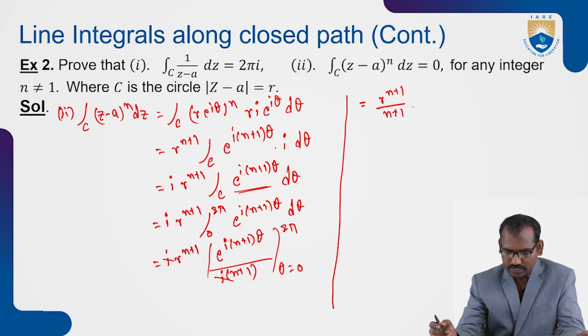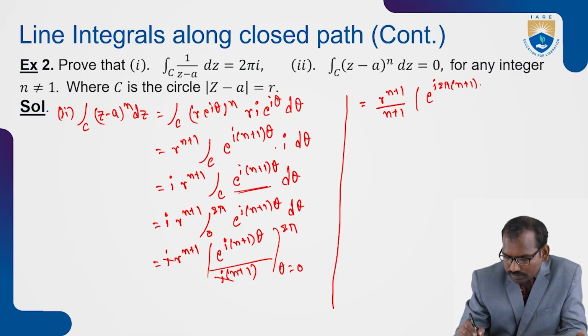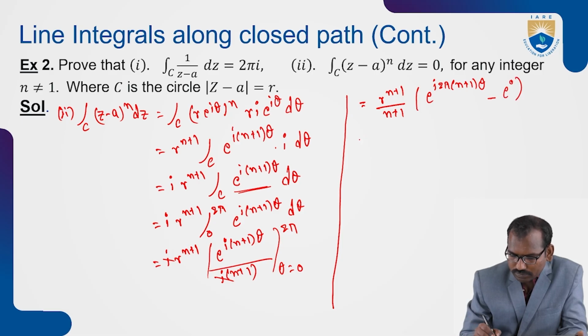And here you get r power n plus 1 by n plus 1, times e power i times 2 pi (n plus 1), minus e power 0. E power 0 is 1, we already know.